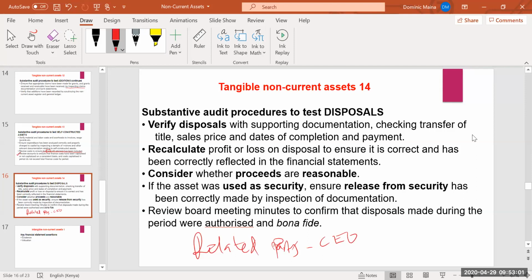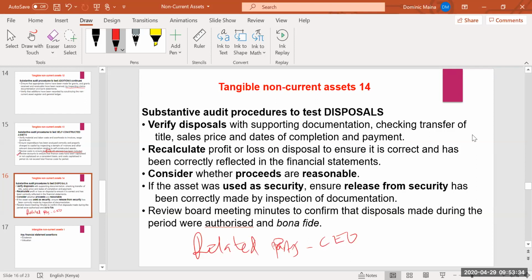Was this disposal done in good faith, or is the CEO or management trying to defraud the company? It could be a possibility. So try to understand whether this disposal was done in good faith, or made to steal money from the company.